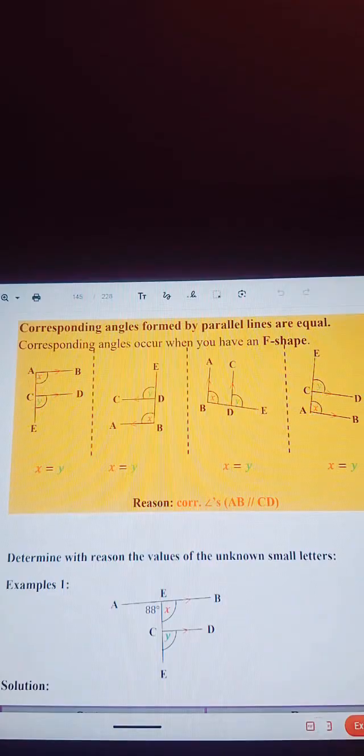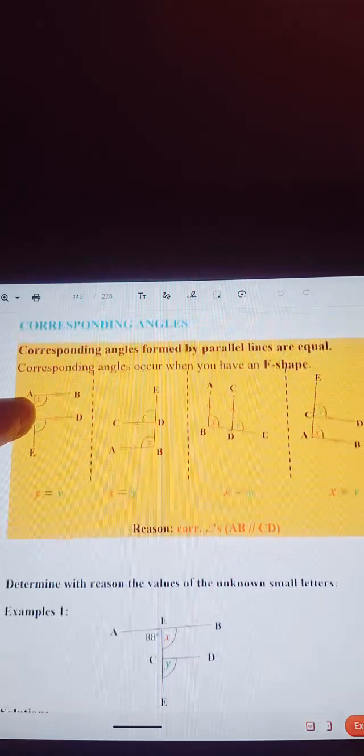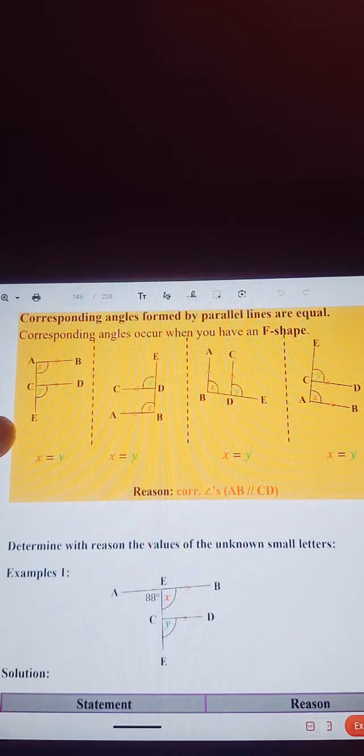If you look at this F here, AB is parallel to CD. Then there's this line here which we call the transversal line, AE. So let me repeat: AE is a transversal line. It cuts the two parallel lines AB and CD.